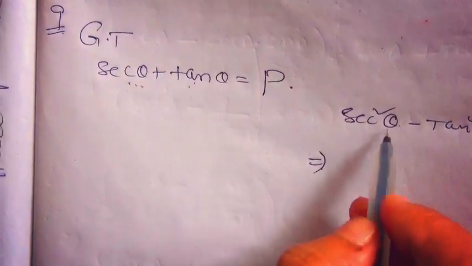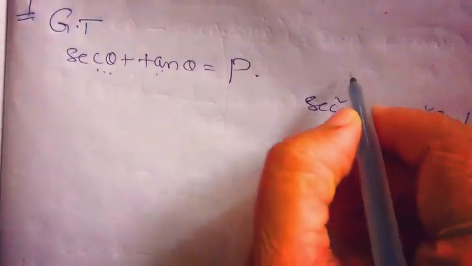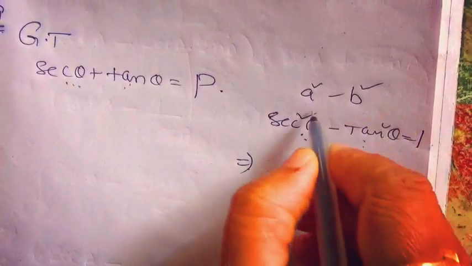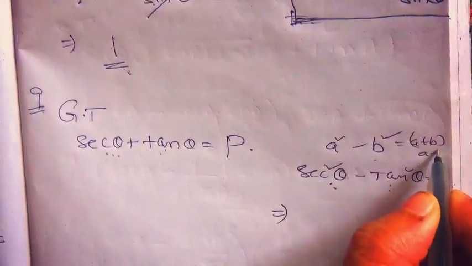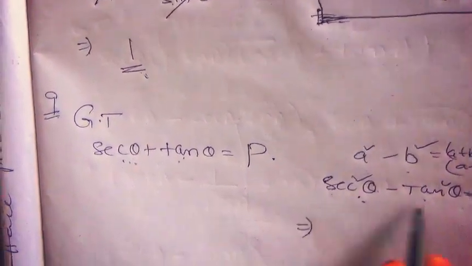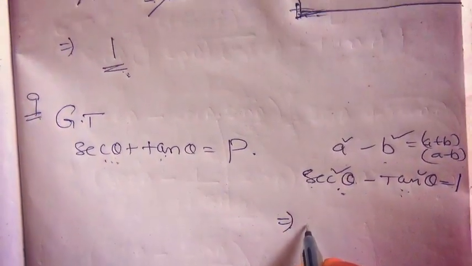Look at here, it is in the form of a square minus b square. What is the formula for a square minus b square? A plus b into a minus b. Okay, just like that you write this one.